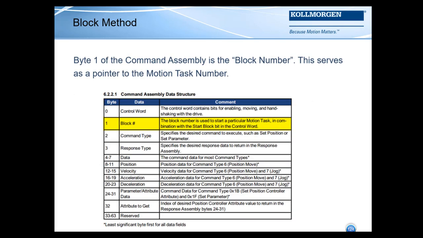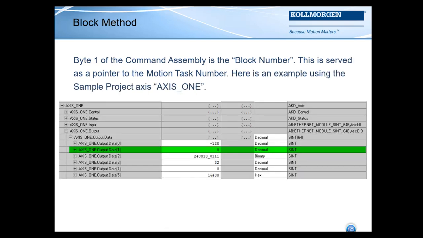As shown in the table below, byte 1 of the command assembly is the block number. This serves as a pointer to the motion task number. Here's an example using the sample project axis called axis_1. You can see in the structure I've highlighted axis_1.output.data in brackets 1.